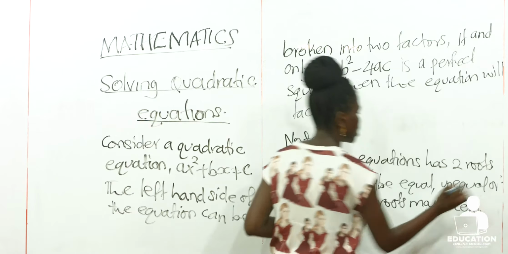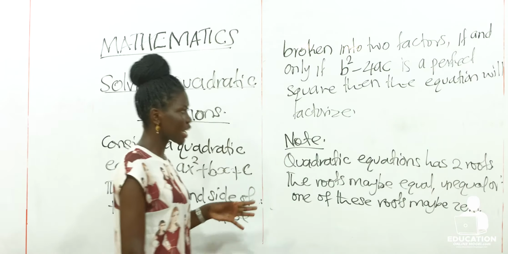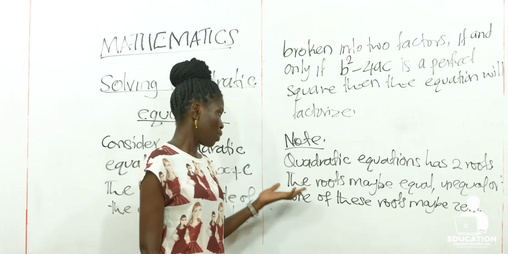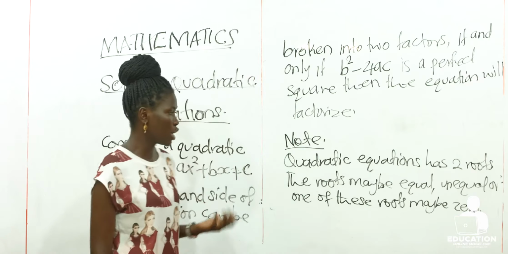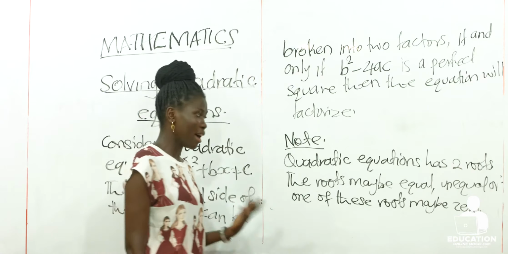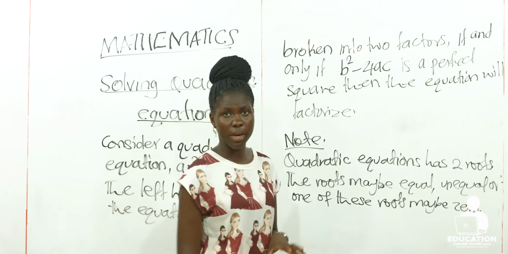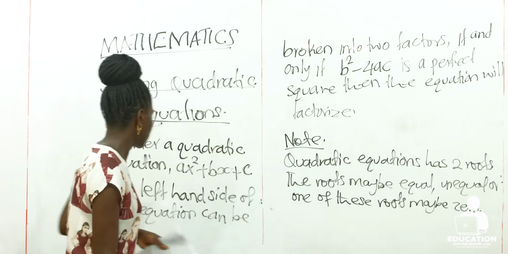Just like I say that quadratic equations have two roots, when you work out the roots, you should either get equal answers, or the answers may be unequal, or one of the two will be 0, depending on the question being asked.